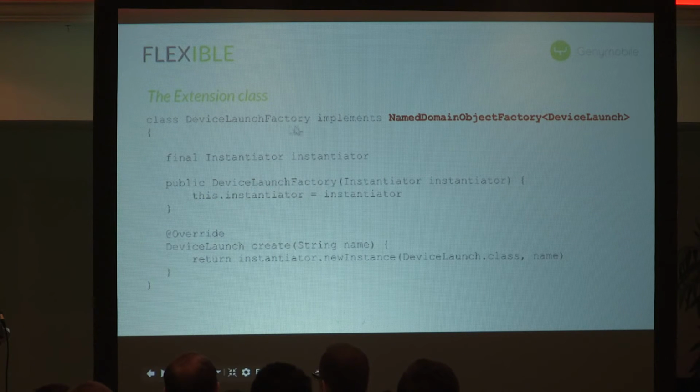Here is the factory. The factory is a NamedDomainObjectFactory. Really, that's an API that you have to learn. So that's just an example. Take the example and start from it if you want to do it. What the factory has to implement, because that's an interface, is just the create method taking a string called name.